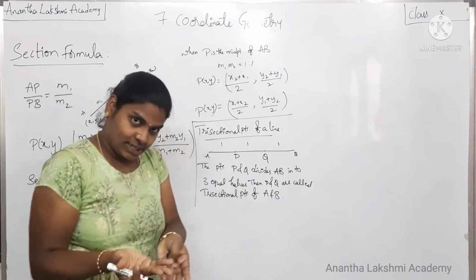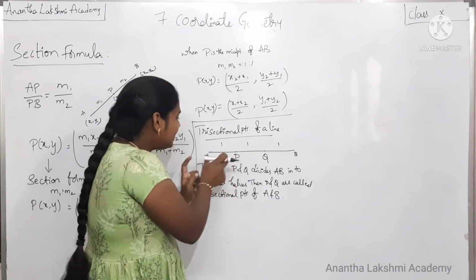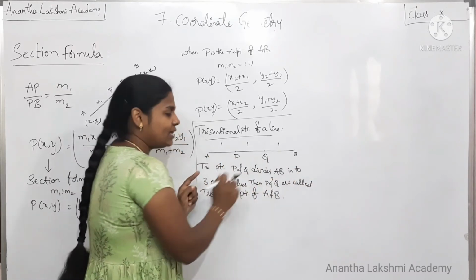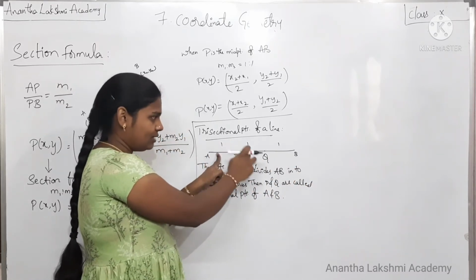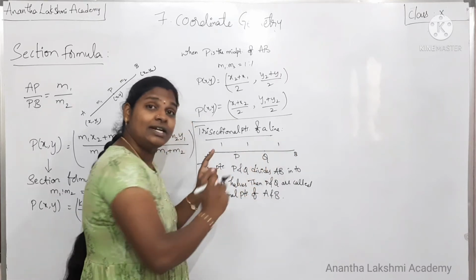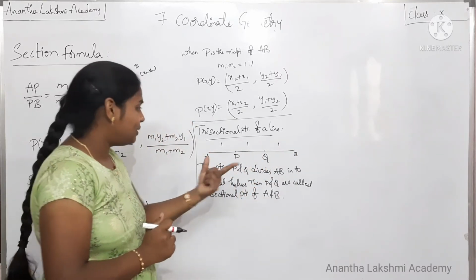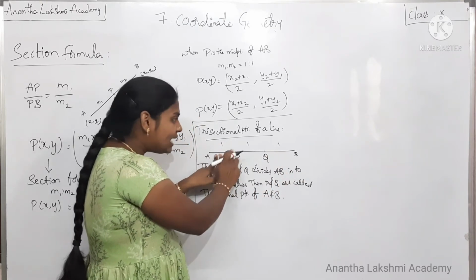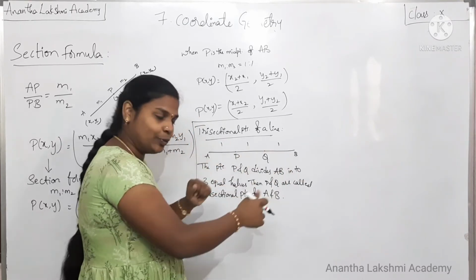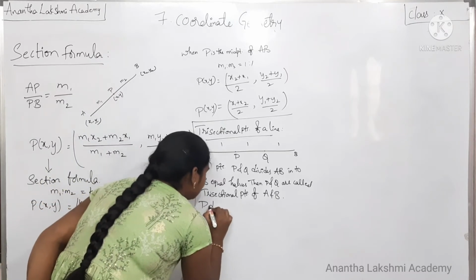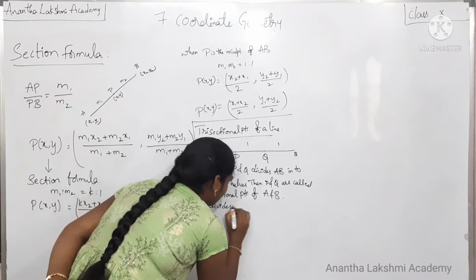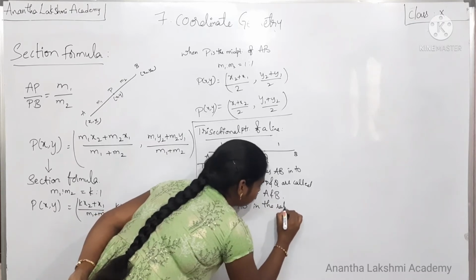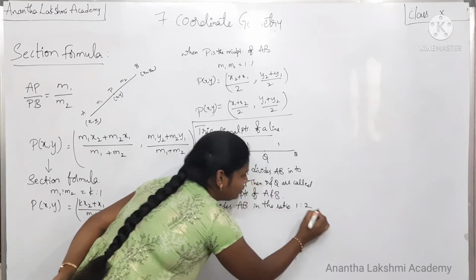When I ask you, P divides AB in the ratio, AP is 1, PB is 1 plus 1, 2. Remember this: P divides AB in the ratio 1 is to 2.